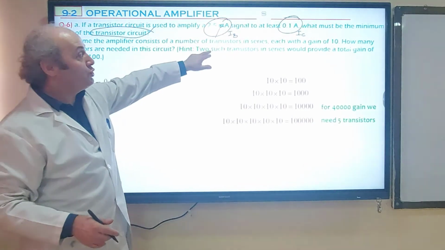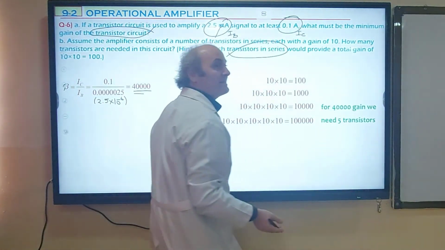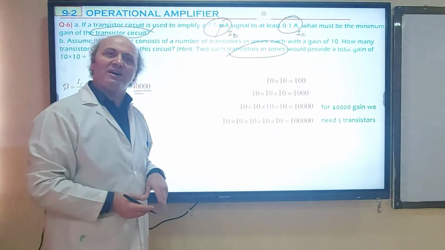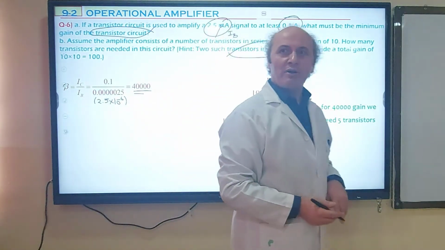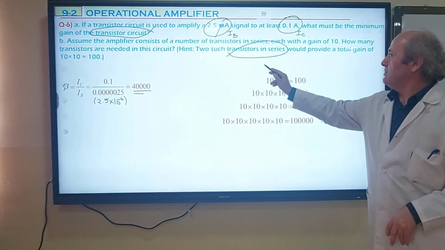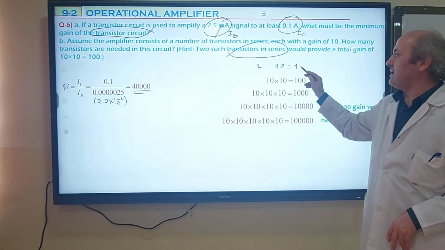Hint: 2 such transistors in series would provide a total current gain of 10 times 10. If you connect transistors in series, you multiply their current gains. A single transistor has just a current gain of 10, so the result is 10.